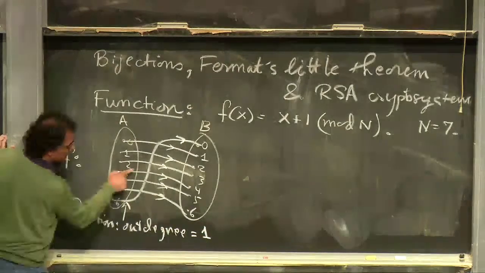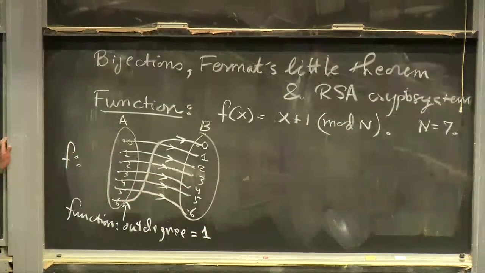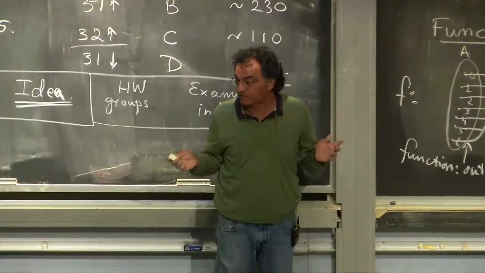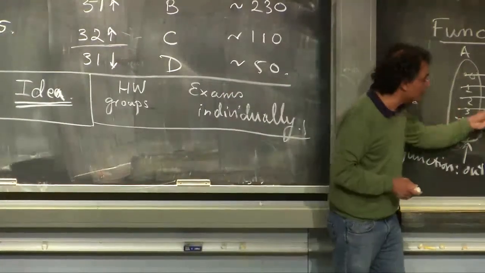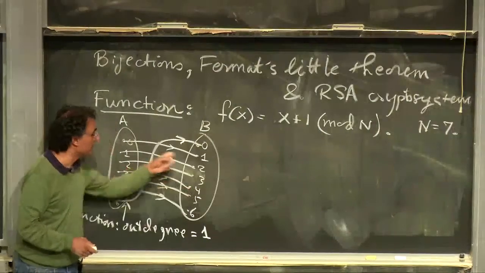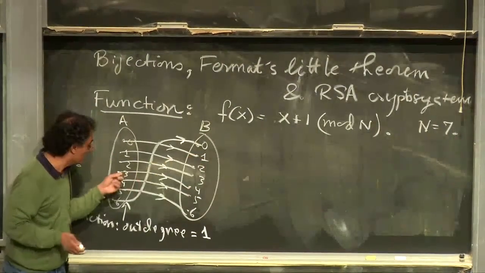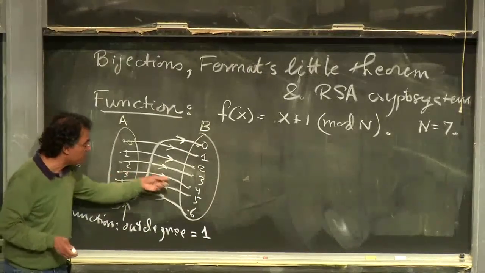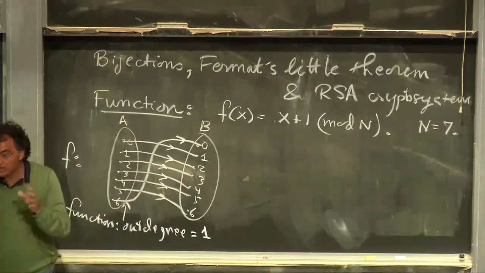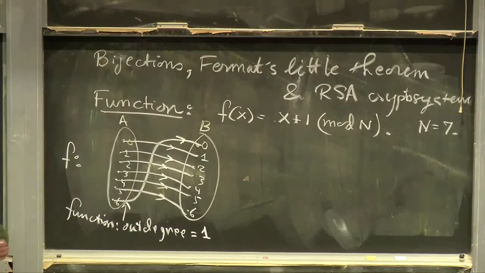So every point here must have exactly one arrow pointing out of it. It can't have two, otherwise it's not a function. If 3 had 2 arrows pointing out from it, 1 to 4 and 1 to 1, that wouldn't be a function, because you wouldn't know what the value at f of 3 is. It could be 4, it could be 1. That's not a function. It's got to be a definite value.